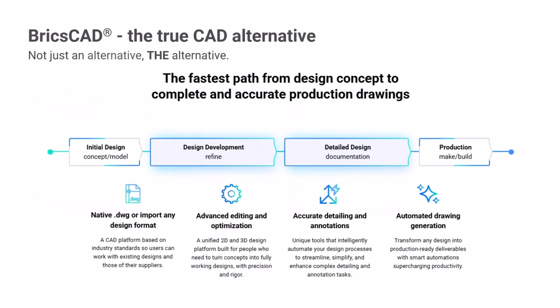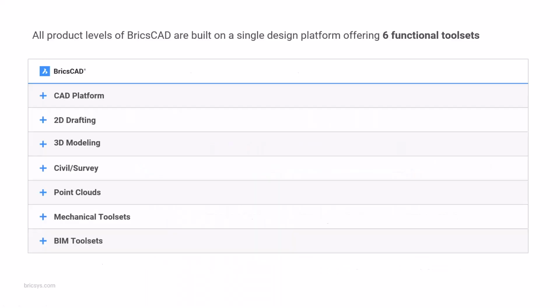So a little bit more about BricsCAD. We fit here in the design, development, detailed design documentation area. We're kind of for the doers out there. We're smart, scalable, and affordable. And with that, we've got, as you probably know, a couple of tool sets, as well as different levels of BricsCAD. Lite for strictly 2D work.